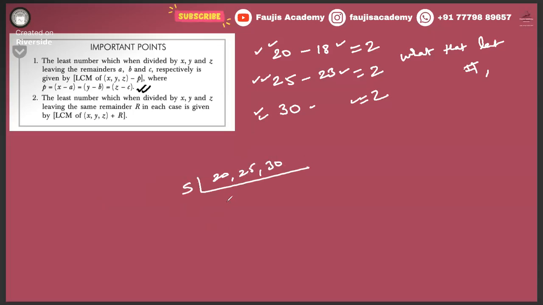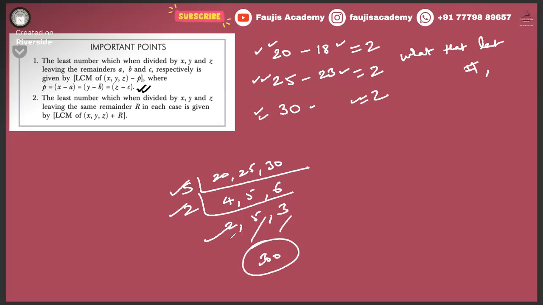Can someone please tell me what the LCM is? 4, 5, 6, so 2 times 2, 5, 3. The LCM is 300. Yes or no? Yes, sir. So the LCM is 300. If we subtract 2, that means 298 is the answer.